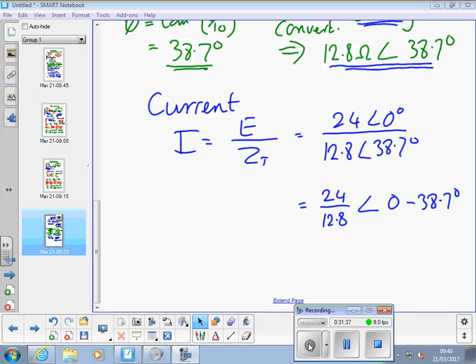You subtract the angle of the denominator from the numerator. So I've written that out in full there, and then we do that division, and we end up with a current of 1.88 amps with an angle of minus 38.7 degrees.